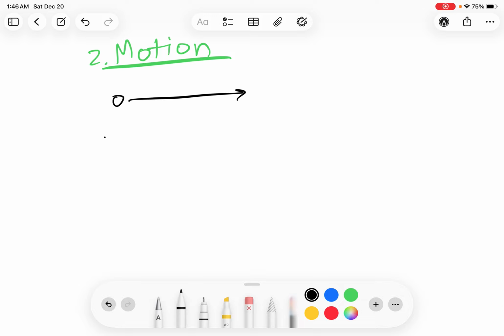Now the particle obviously has a position, and we specify position by x, y, z coordinates. They all change with respect to time. So at a given time t, what's the position?